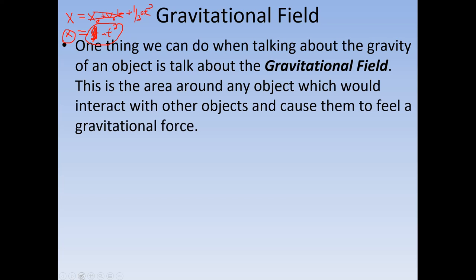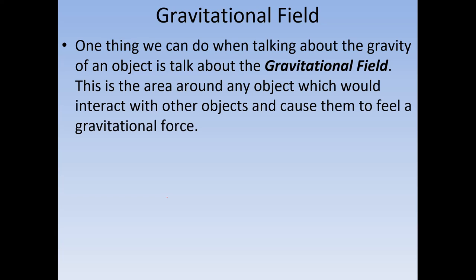Let me actually get rid of this. So one thing that we want to talk about is this thing called the gravitational field. The gravitational field is the area of effect around an object where gravity exists. Now, I mentioned when I first talked about the force of gravity that it is an infinitely long force, meaning as long as you exist and you have mass, there is a gravitational force between you and any other object in the universe, regardless of how far away it is.